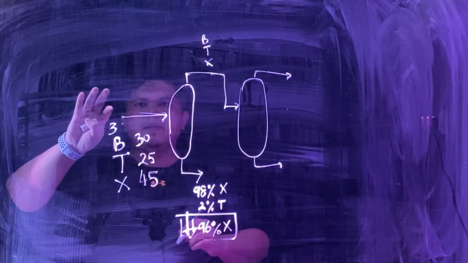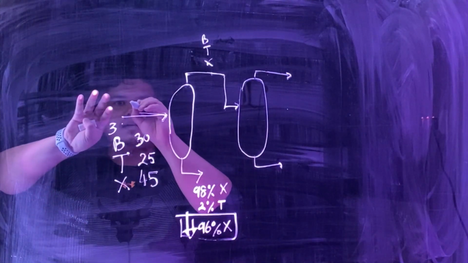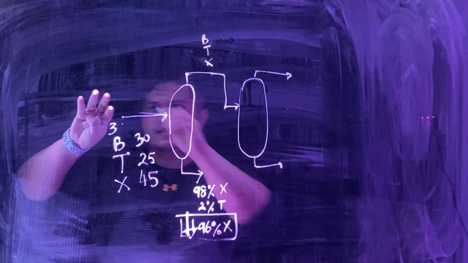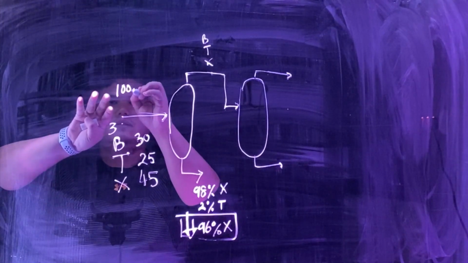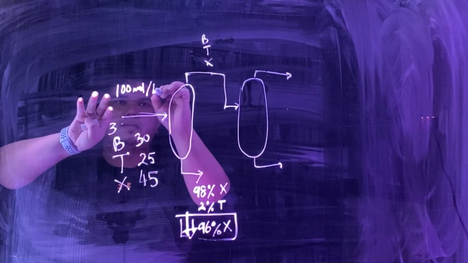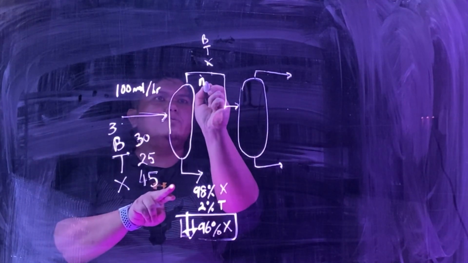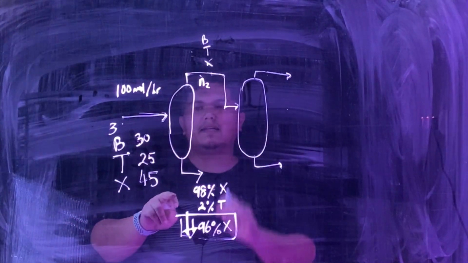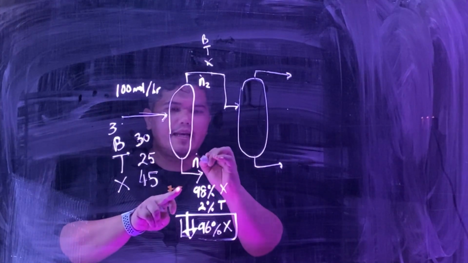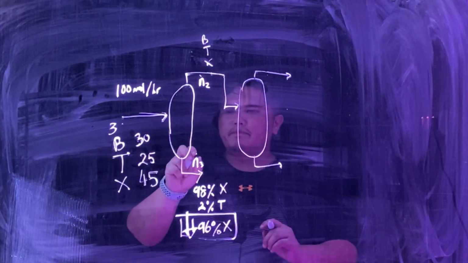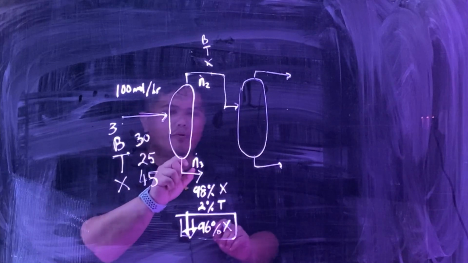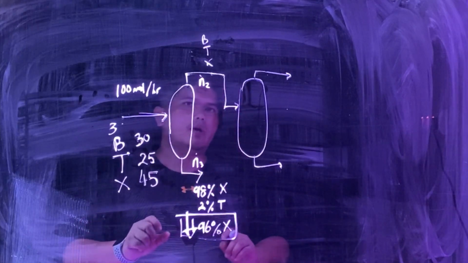So assuming that we put a basis of 100 mole per hour of this mixture coming in, and then we have N2 as the molar flow rate coming out at the top, as well as N3 as the molar flow rate at the bottom of the first column.